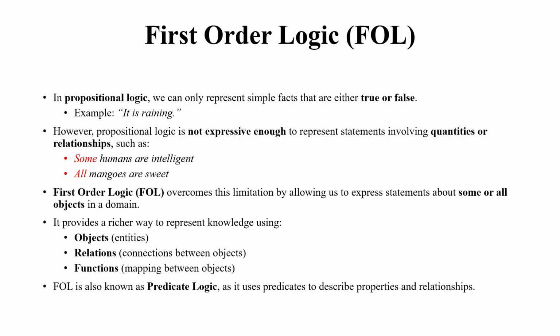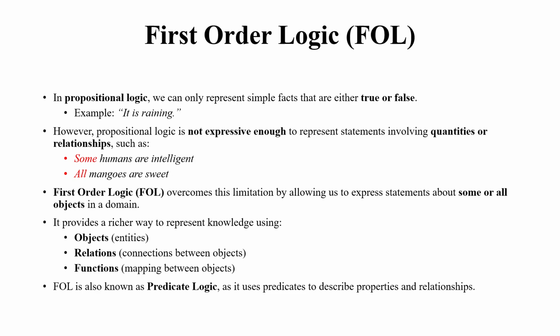Propositional logic considers simple examples and cannot express more complex statements like "some humans are intelligent" or "all mangoes are sweet." Generally, propositional logic focuses on true and false statements, for example, it is raining, or it is not raining.